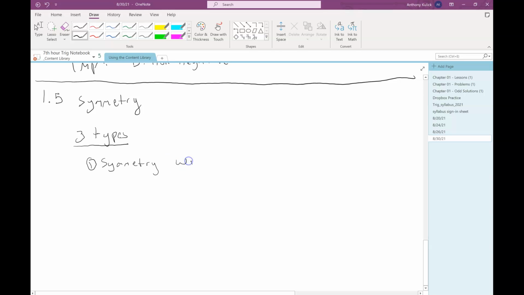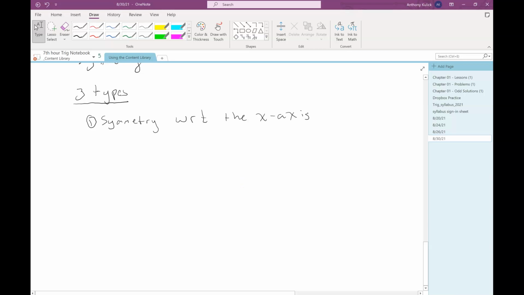Now I like to abbreviate with respect to as WRT. You're not required to do that. It's a fairly common abbreviation in the math world, and you're welcome to use it if you'd like, but you are not required to.